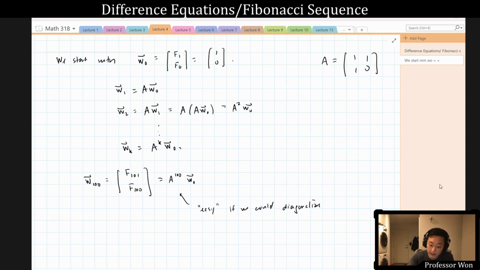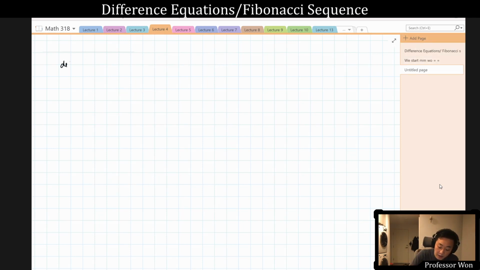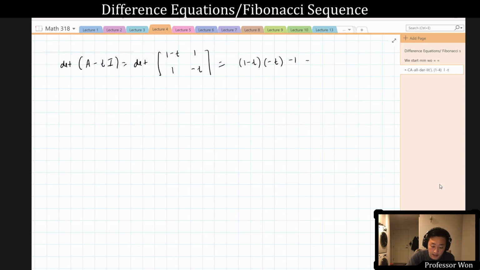Okay, so let's try to diagonalize. So what do you do? The first thing you do is try to find the eigenvalues using the characteristic polynomial. So the determinant of A minus tI is the determinant of this matrix: (1 minus t) times (negative t) minus 1. That is t squared minus t minus 1.